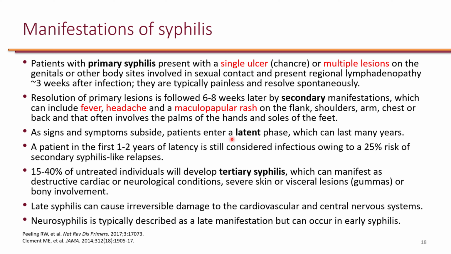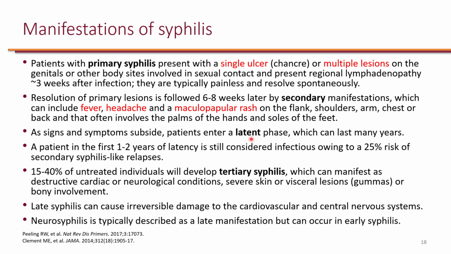And this can be pretty long in some patients, anywhere between a few years to many years. And typically we say the early latent is within the first year, and then late latent is anything more than a year.